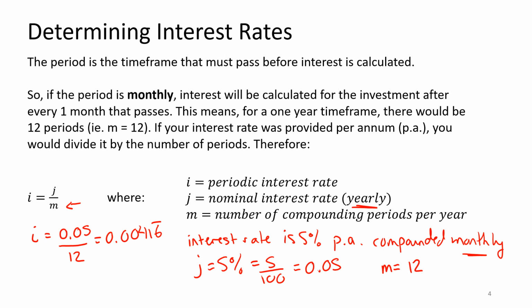You see that number is much smaller than the 5% or 0.05 we started with, and that's because you don't earn 5% every single period. You earn little bits of interest throughout the year that work out to our overall interest rate for the year of 5%. It actually works out to a little more than that, because in compound interest, you're earning interest on the previous interest you've earned.